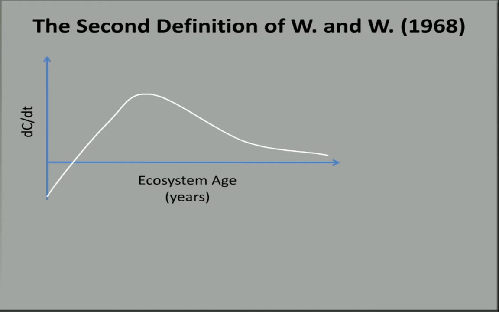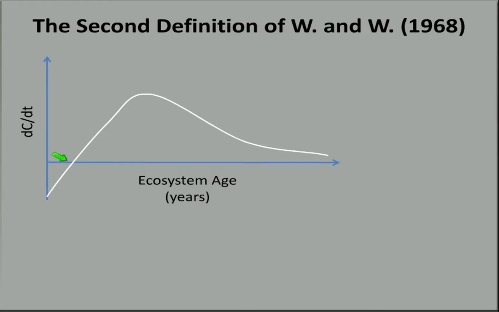Now, the second definition from 1968 was basically trying to describe the changes in carbon accumulation over an ecosystem's age. So over on the left-hand side, we have an ecosystem right after some disturbance, a harvest, a fire, etc. And heterotrophic respiration is driving carbon loss.